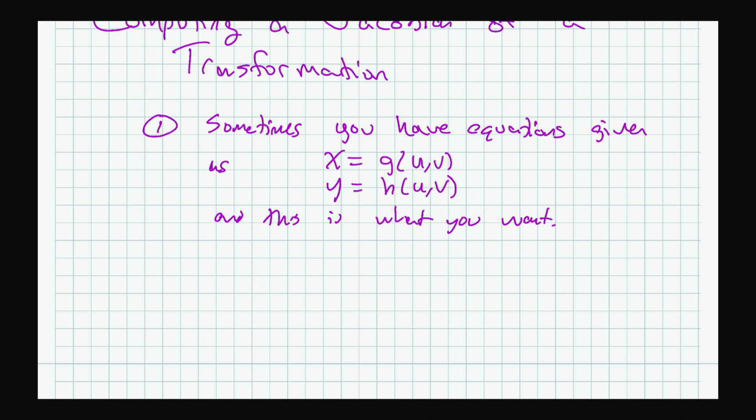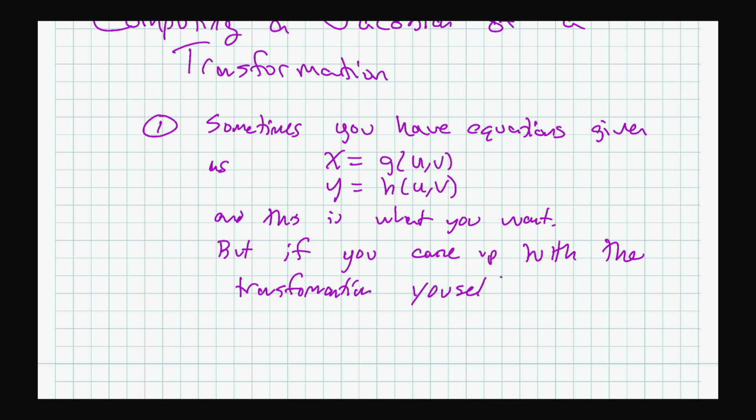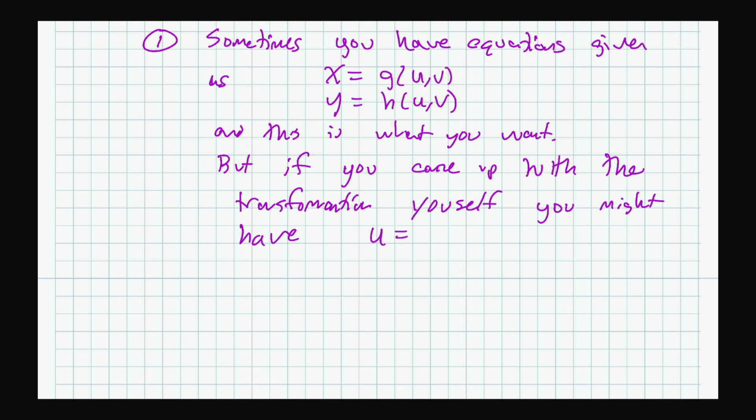But if you have an integral, a lot of times you're going to have it the other way around first. If you came up with the transformation yourself, you probably have u equals something, v equals something. So you might have u is some other function.